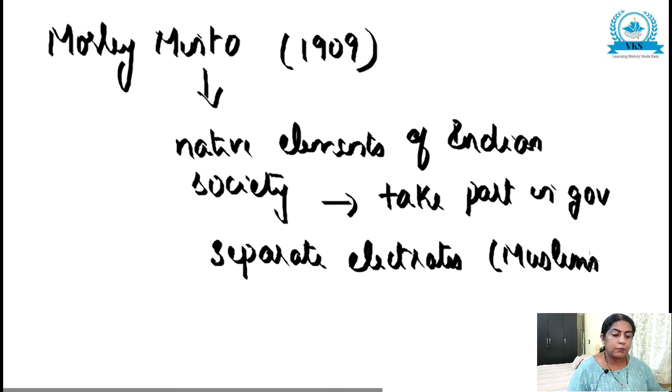So this was the purpose of the Morley-Minto Reform Act. That was the first act, in 1909.